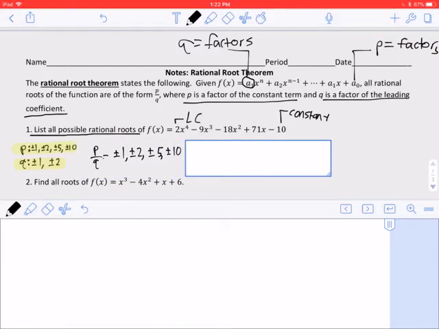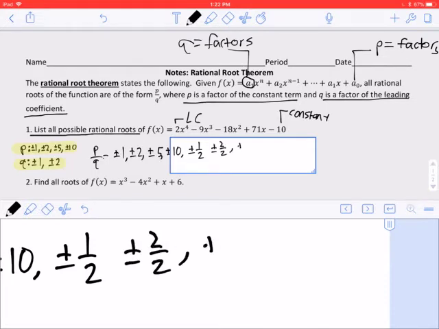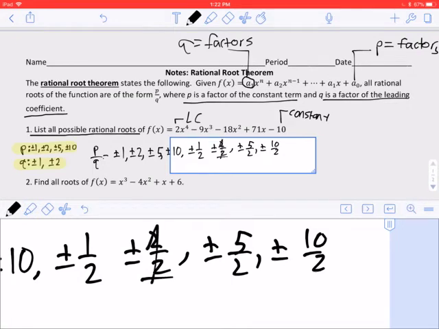And then we have plus or minus 1/2. Now, plus or minus 2/2 would be 1. We'll write it 2 over 2, plus or minus 5 over 2, plus or minus 10 over 2. And this one is going to equal 1, which we already have. And this one's going to equal 5, which we already have.